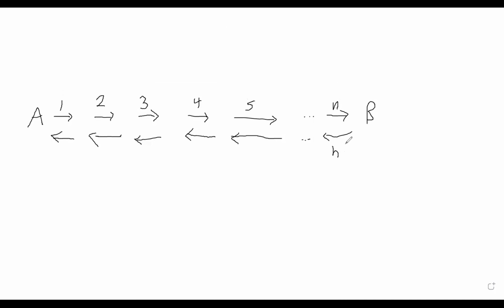But I'm speaking loosely here, so what I mean is it's the inverse operation of this one. If I first perform the inverse of the nth, dot dot dot, then the inverse of the fifth operation, then the inverse of the fourth one, then the inverse of the third one, and the inverse of the second one, and then last, the inverse of the first one, I get back to A. Okay, I'm just undoing the effect each of these had in the appropriate order to get back to where I started. So that was the conclusion that we ended last class on.